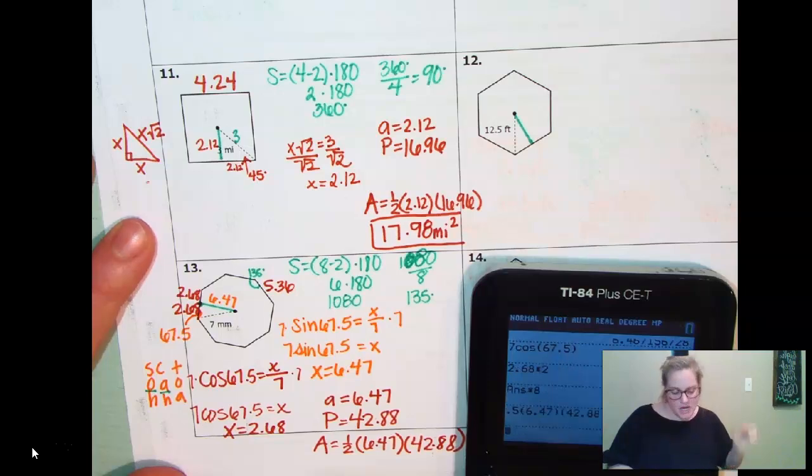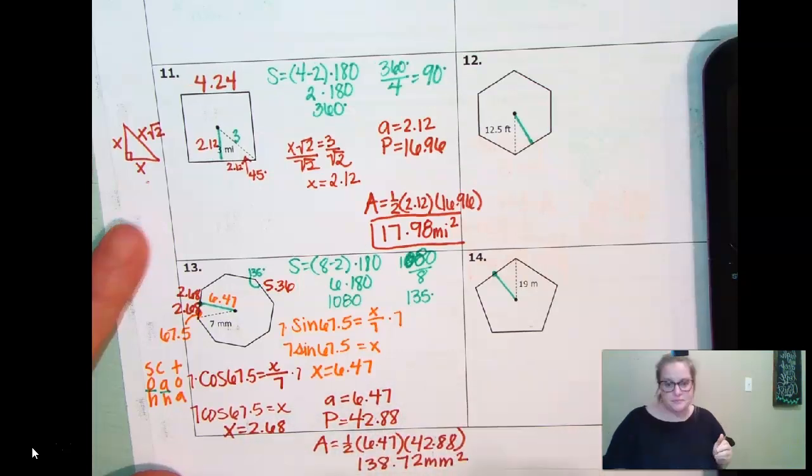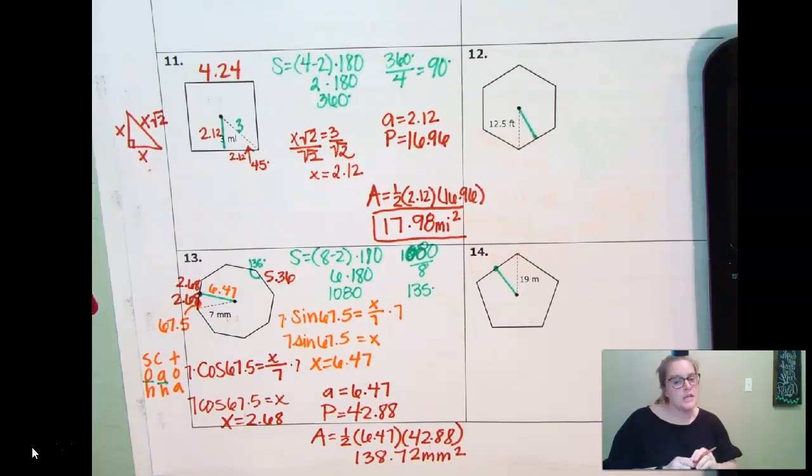That equals 138.72 millimeters squared. So that's using sine and cosine because we were given the hypotenuse.